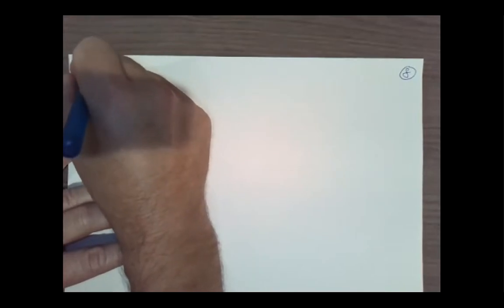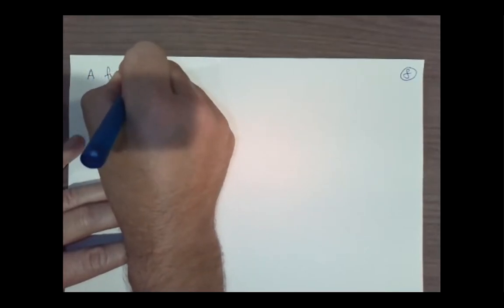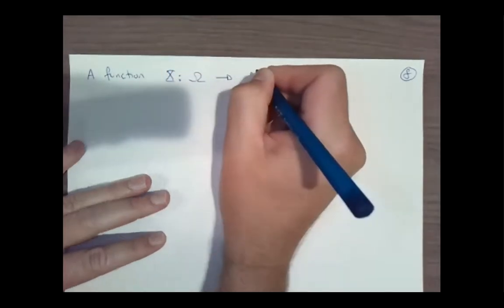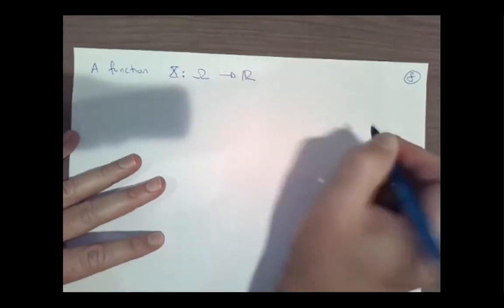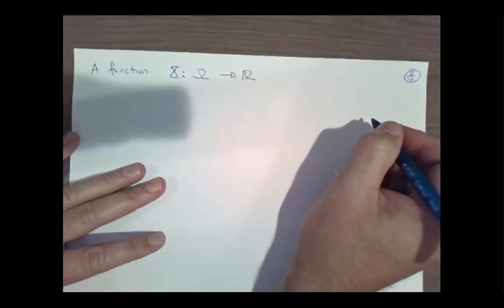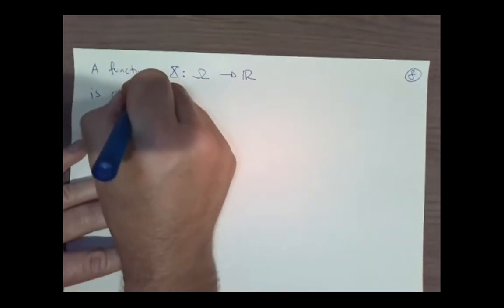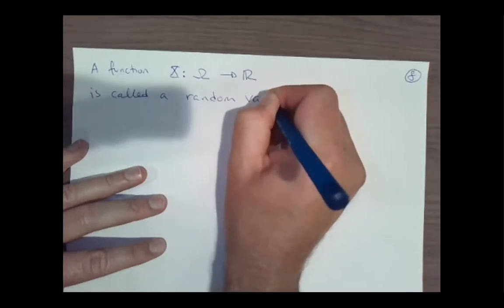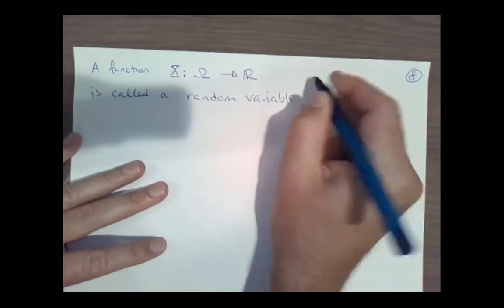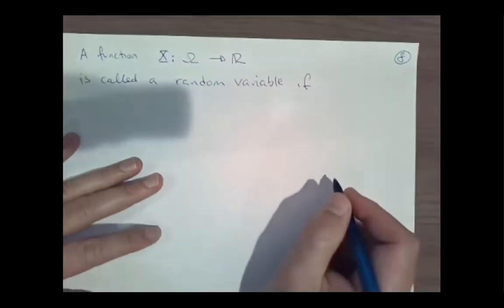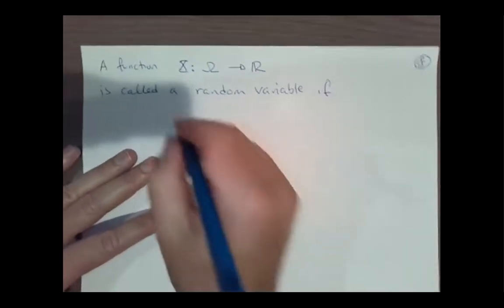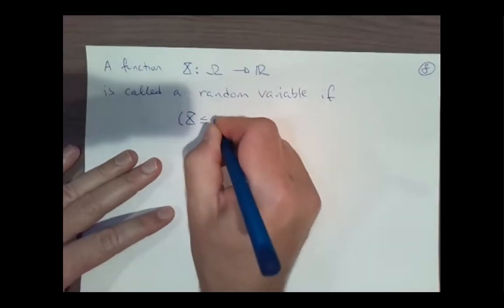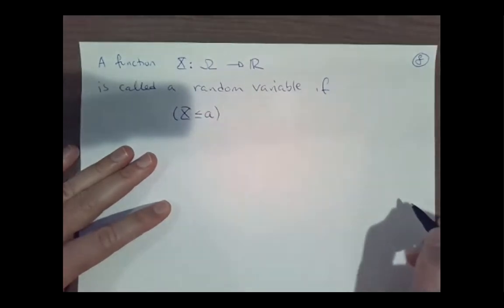So a function, my X that goes from omega into, say, R, is called a random variable if the set {X ≤ a} belongs to F for any a in the codomain.